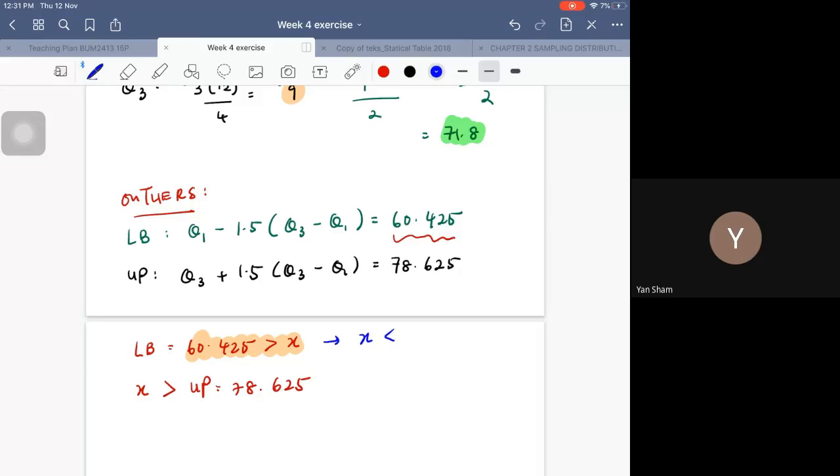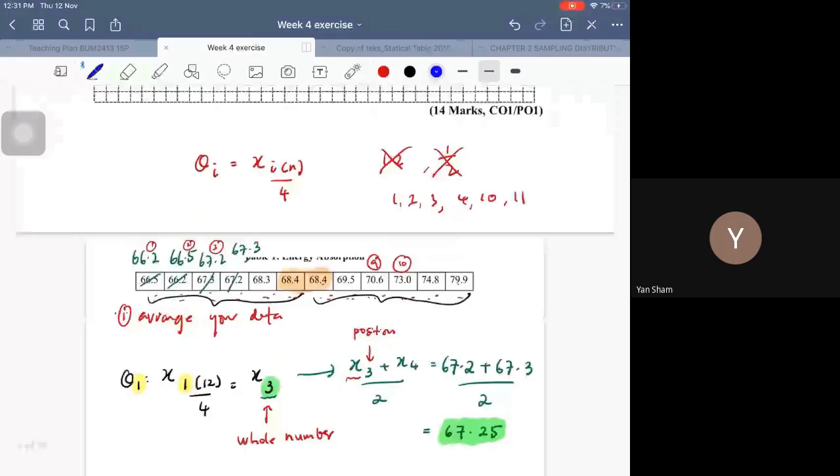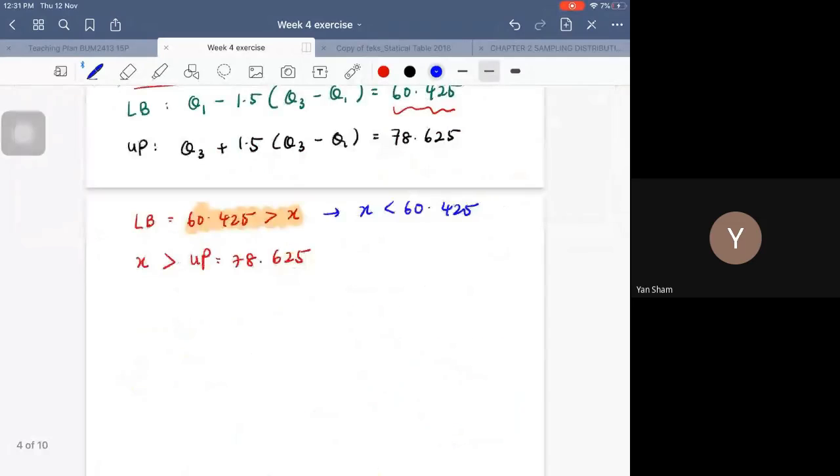60.425. But when we have a look at our data just now, there is no value that is less than 60.45, because our minimum value is 66.2. So for this case, there is no value less than 60.45. And now we can have a look at the upper bound, for which we want to find if there is any x which is greater than 78.625.